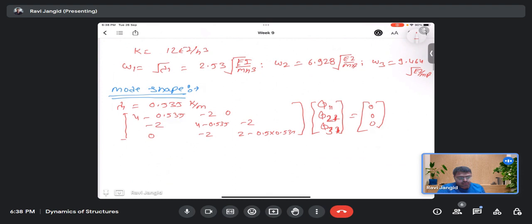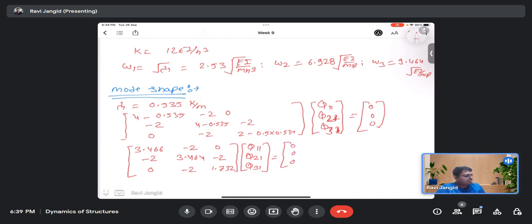So the matrix is coming out to be, after solving, 3.466, minus 2, 0; minus 2, 3.46, minus 2; 0, minus 2, 1.732.